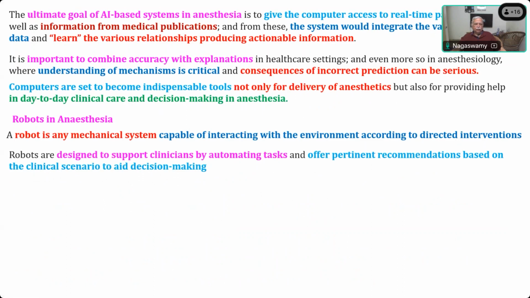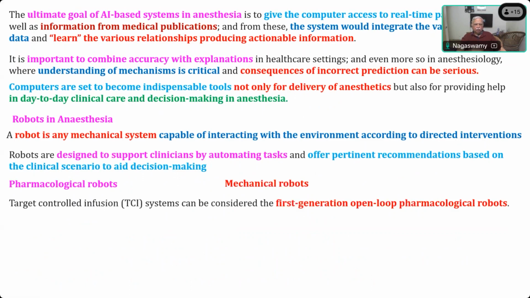And robots are designed to support clinicians by automating tasks, offering pertinent recommendations based on the clinical scenario to aid decision making. And it can be classified as pharmacological robots and mechanical robots. And the target control infusion system can be considered as the first generation open loop pharmacological robot.